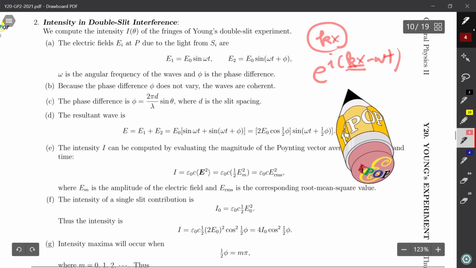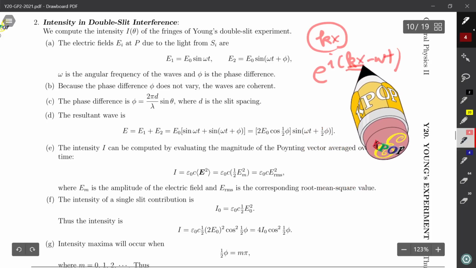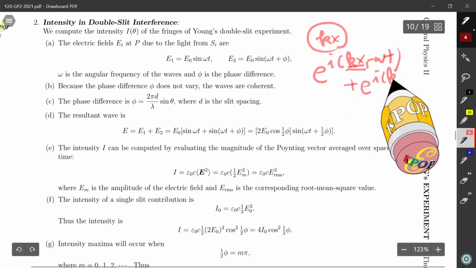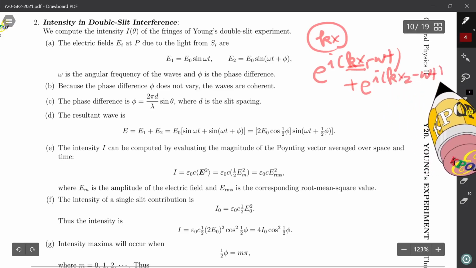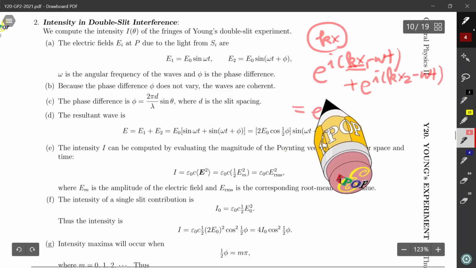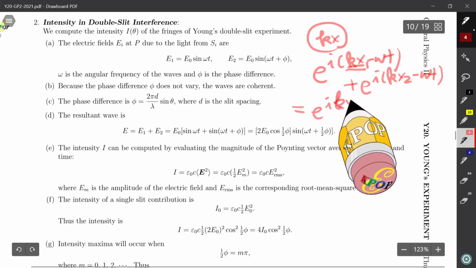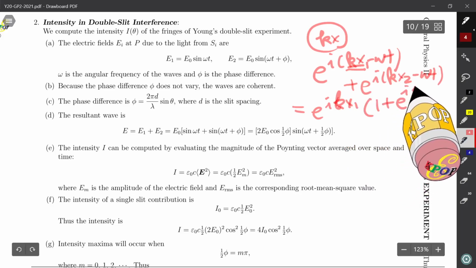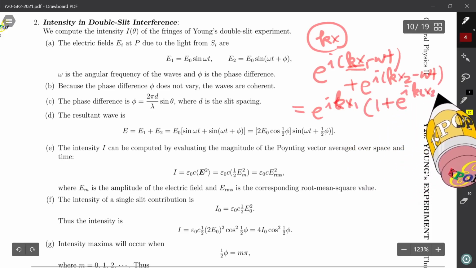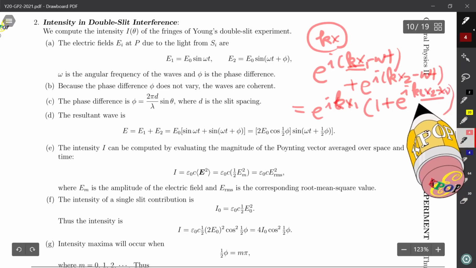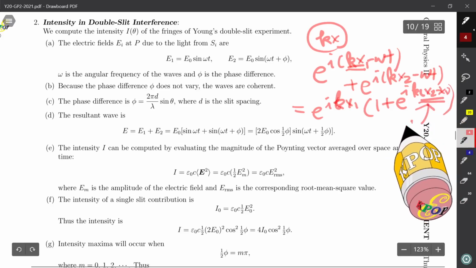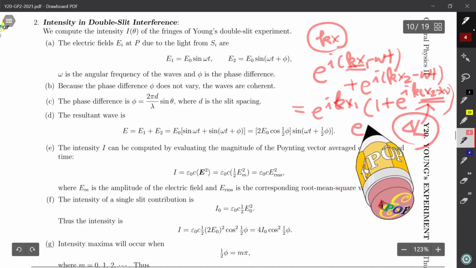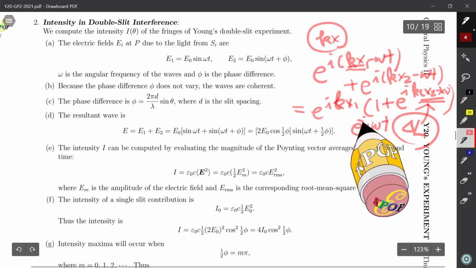For example, e to the i kx1 plus e to the i kx2 minus omega t, and we factored out e to the i kx1 times 1 plus e to the i k (x2 minus x1), and this one was assumed to be delta L, something like that. And the additional factor is e to the minus i omega t.